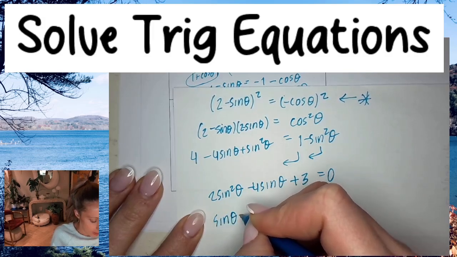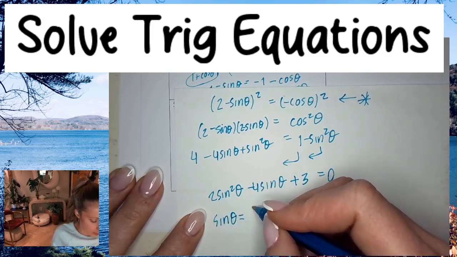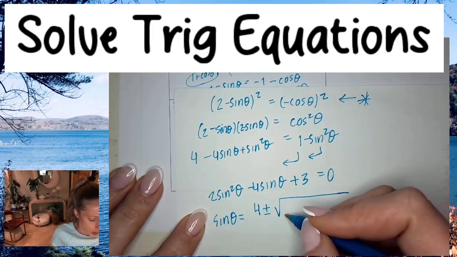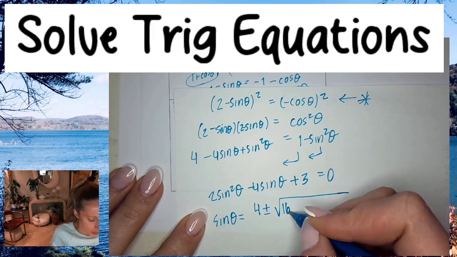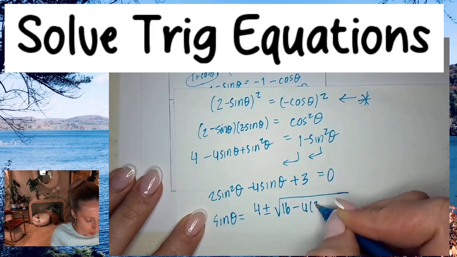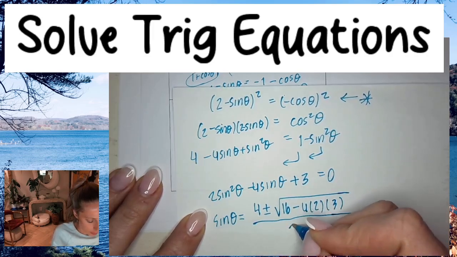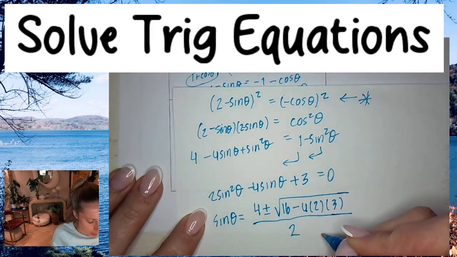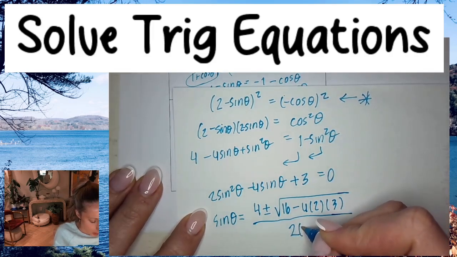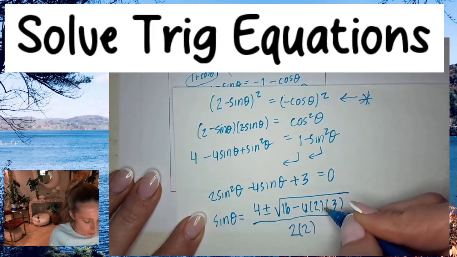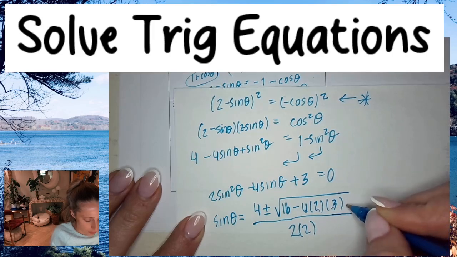Instead of x equals, it's sine theta equals negative b, which is 4, plus or minus the square root of b squared, negative 4 squared, is 16, minus 4ac, all over 2a. Now 4 times 2 is 8, times 3 is 24.